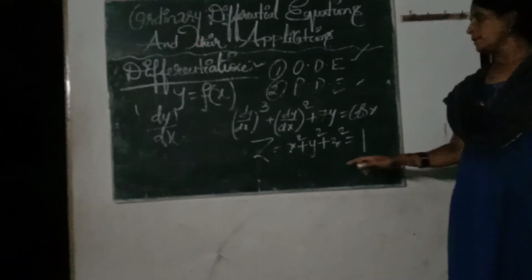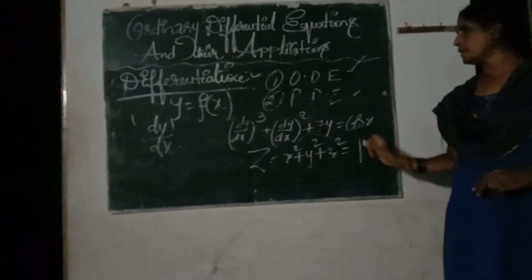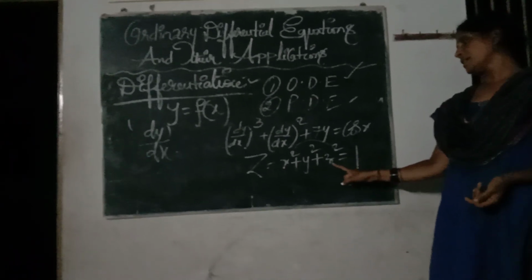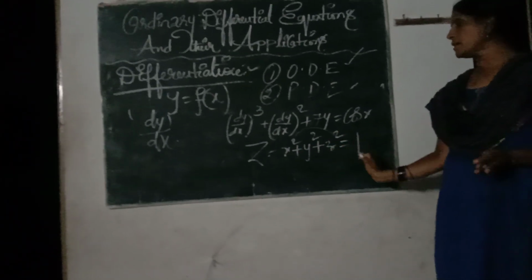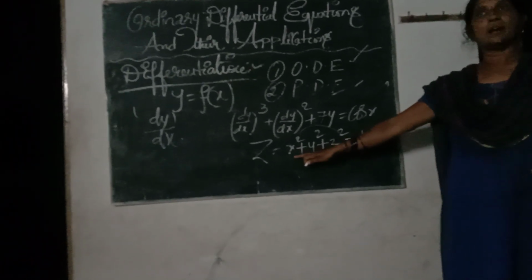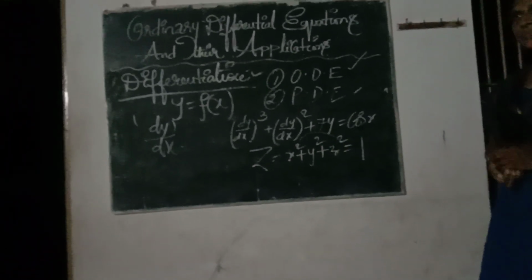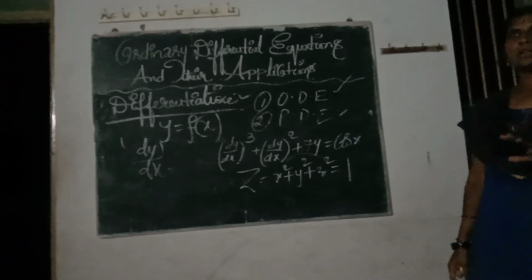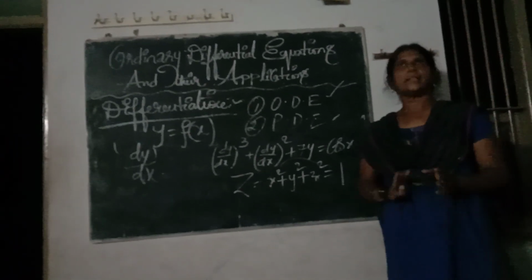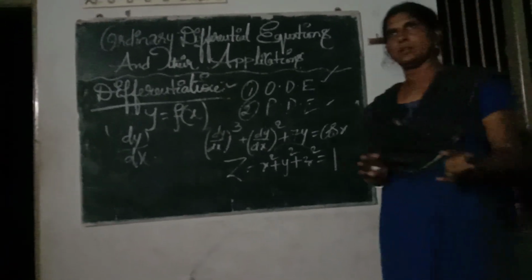Here y can be written in terms of functions of x and z, and similarly z can be written in terms of functions of x and y, and in a similar way x can be written as a function of y and z. So clearly here there is only one dependent variable and one or more independent variables. I think the circle equation is a suitable example for the partial differential equation.